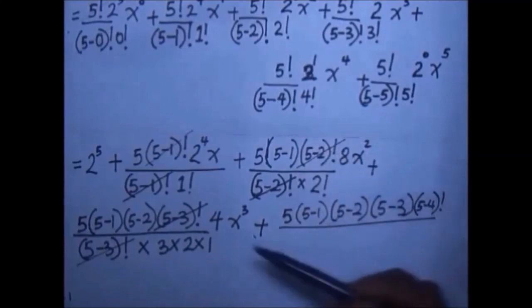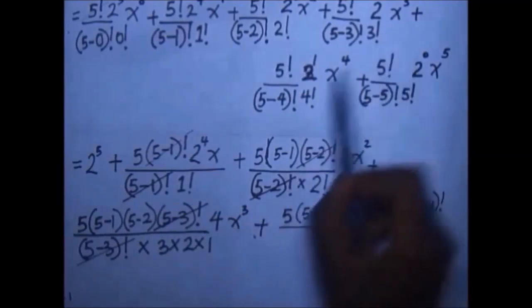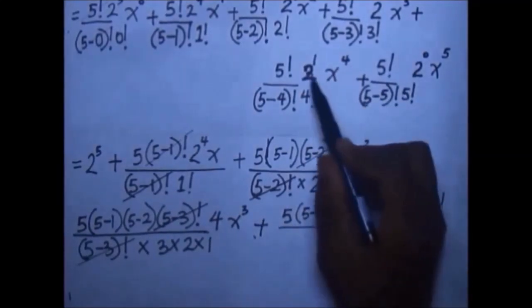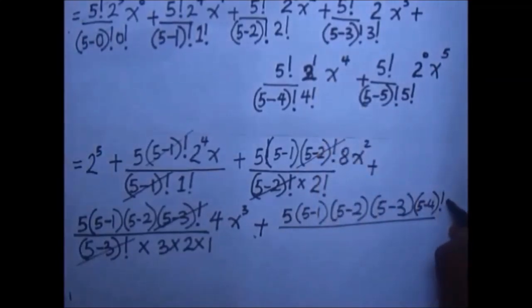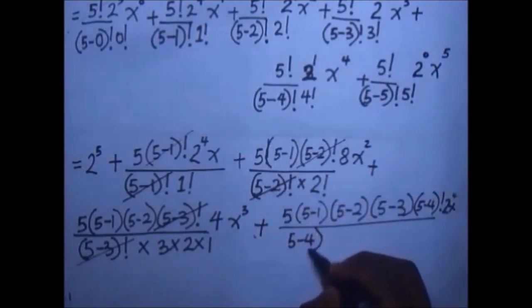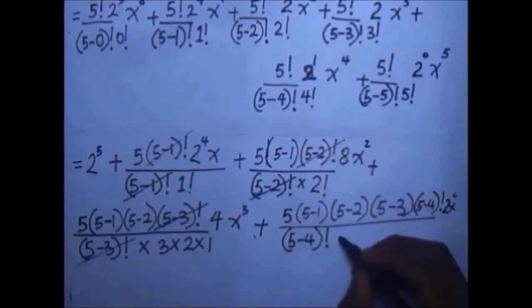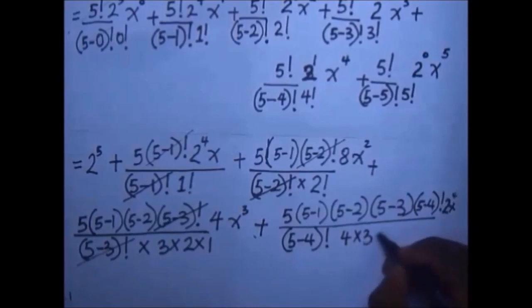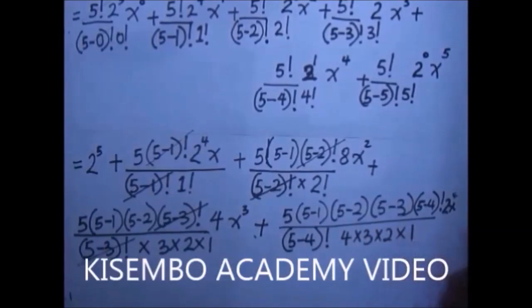This is x to the power 4, so this is 2 to the power 1. 2 to the power 1 is 2 times x to the power 4 over 5 minus 4 factorial times 4 factorial. 4 factorial is 4 times 3 times 2 times 1. So this 5 minus 4 factorial goes with that 5 minus 4 factorial.